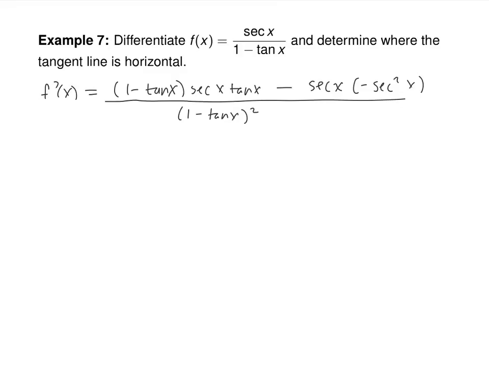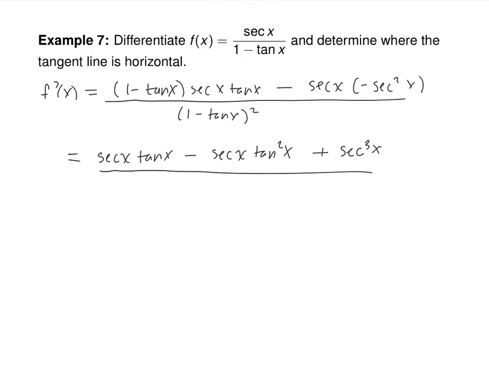Did you just get your first step? Okay, next let's distribute. So you got secant x tan x minus secant x tan squared x plus secant cubed x over 1 minus tan x.